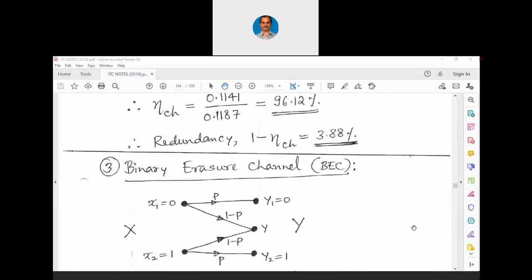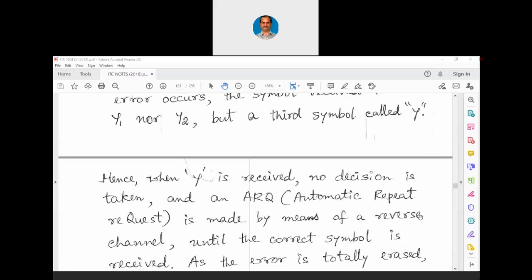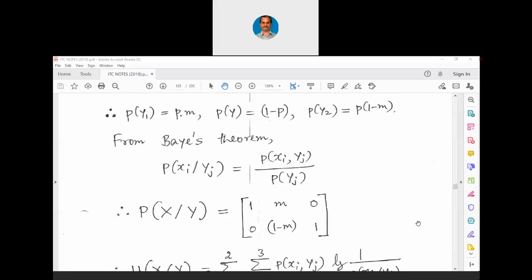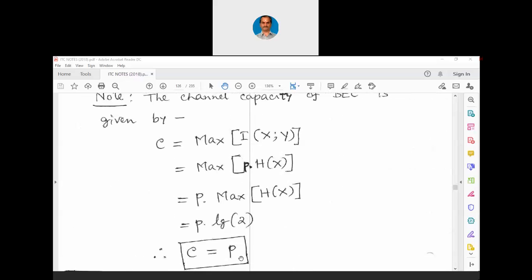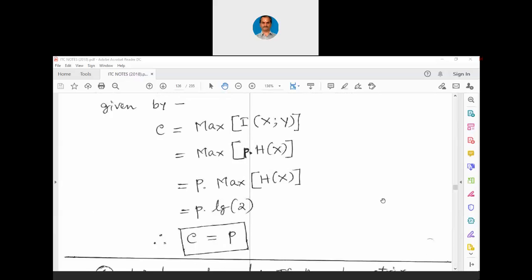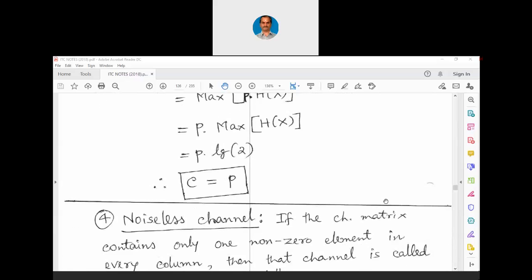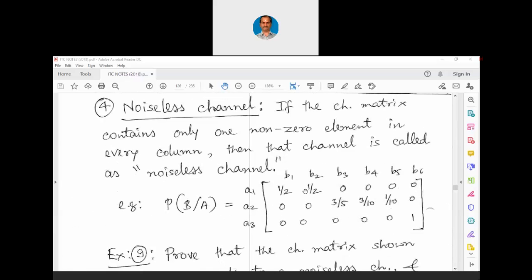I will show you the picture once again. y1/x1 was P, and y2/x2 is P itself. So finally, the channel capacity of the binary erasure channel is equivalent to the conditional probability of the channel itself. That was the third channel which we discussed.